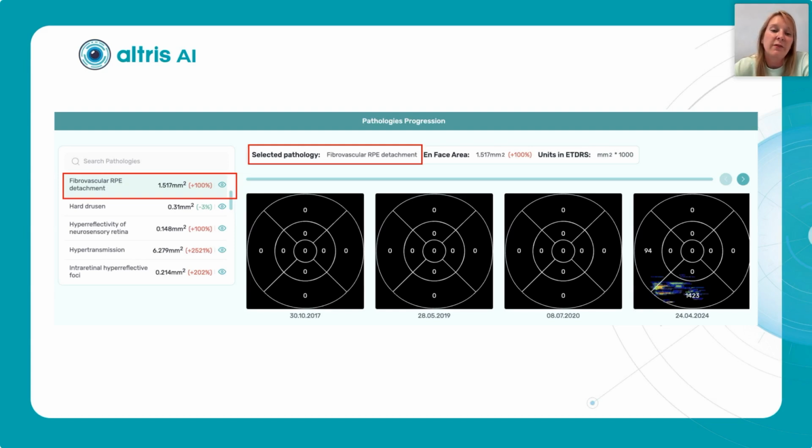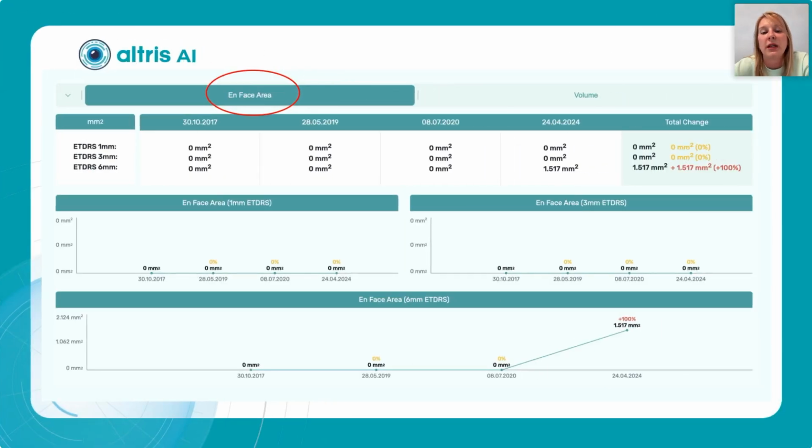So we've analyzed it, and we can see appearance of this biomarker in the lower part of the macular area on the 4th visit in 2024. We asked to calculate, to make sure if it is a mistake or not a mistake. So we have calculated all the areas, and we can see 0, 0, 0 in the first 3 visits, and we can see the increase up to the 4th visit.